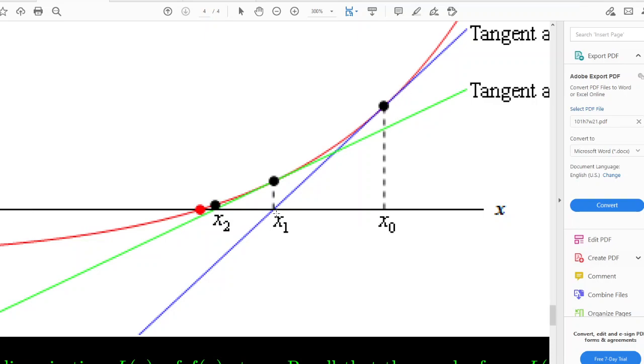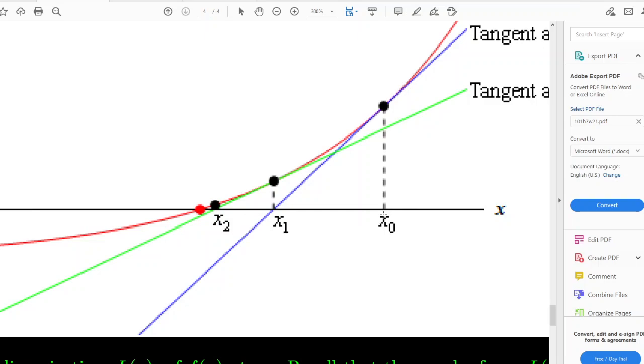We have seen how to write x1 in terms of f and so on. We have a formula to compute x1. So do you see x1 is actually closer to the actual root, the red point, than x0?